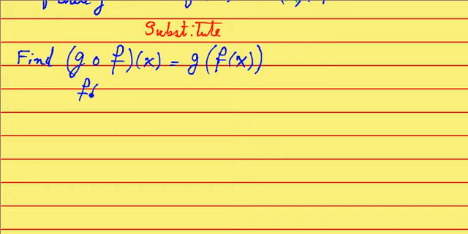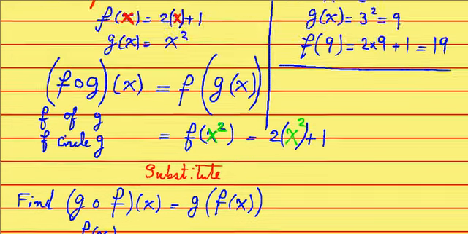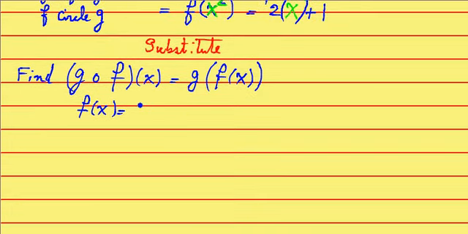I write my function f of x. It was, I forgot again what it was, 2x plus 1. And g of x was x squared. Let's just go practice with numbers to make sure we understand what's required here.